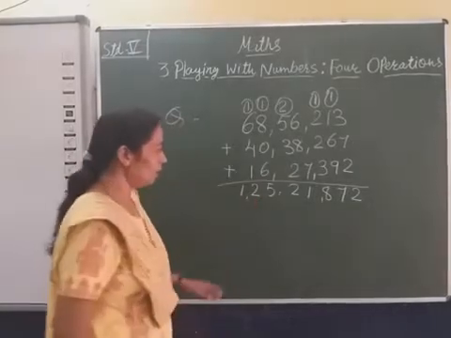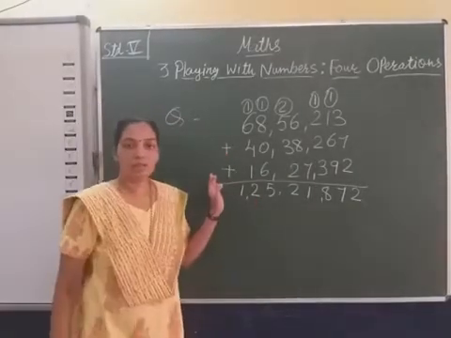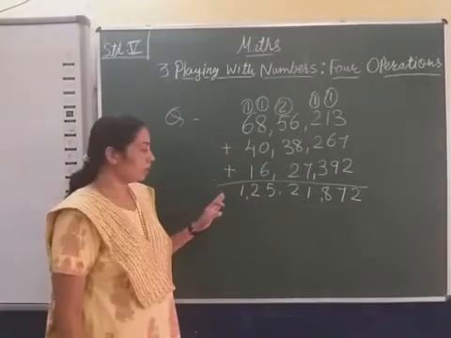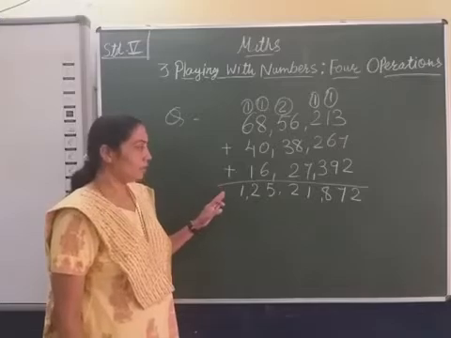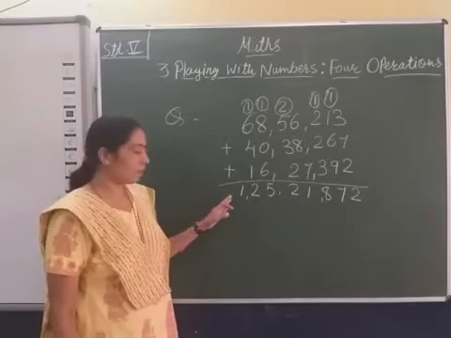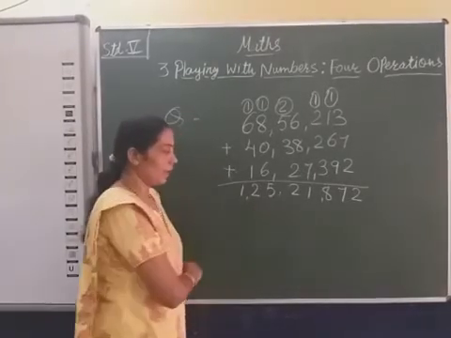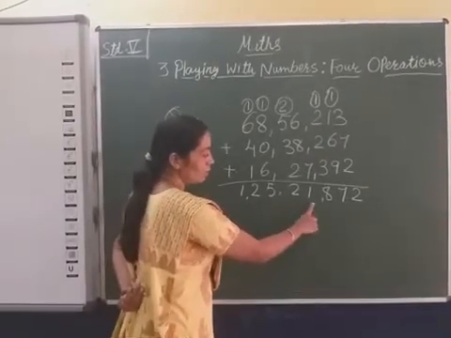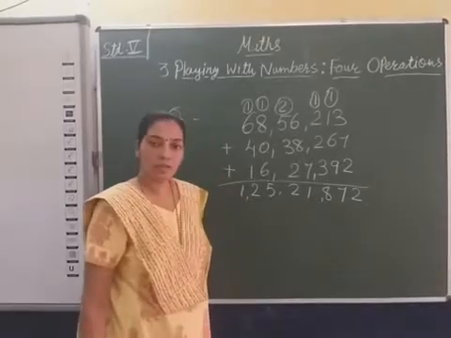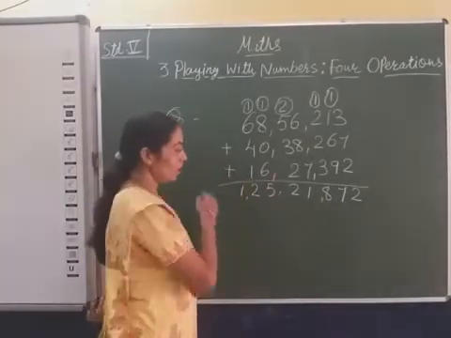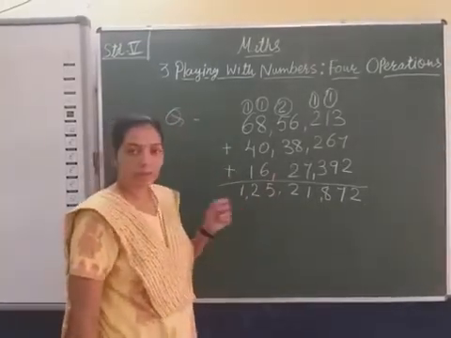Now let me see. When we add these three groups of numbers, we find the sum as the answer 1 crore 25 lakhs 21,872. So this is our answer.